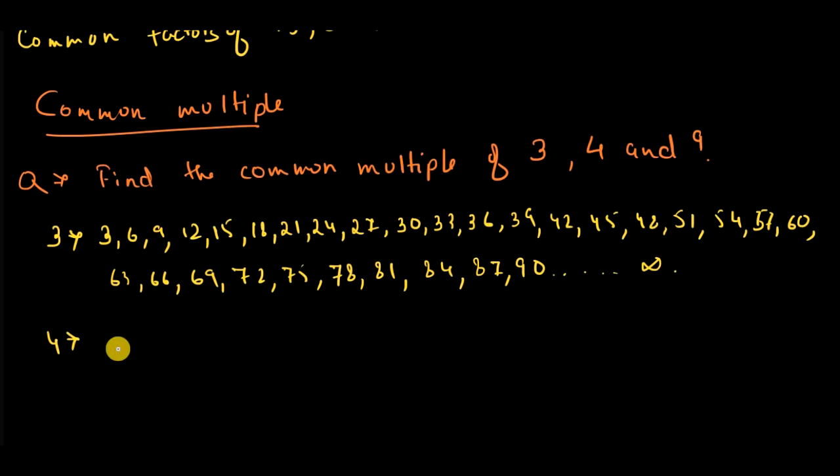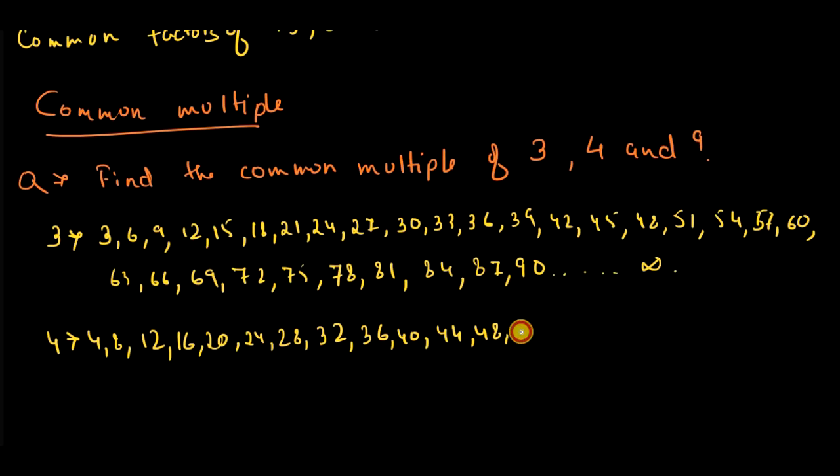And 4: 4, 8, 12. I notice that 12 is common among them, but it won't be for 9. 16, 20, 24, 28, 32, 36, 40, 44, 48, 52, 56, 60, 64, 68, 72, 76, 80, 84, 88.